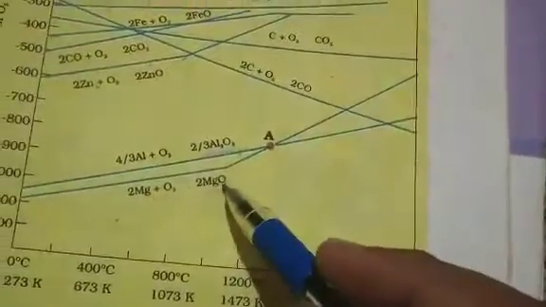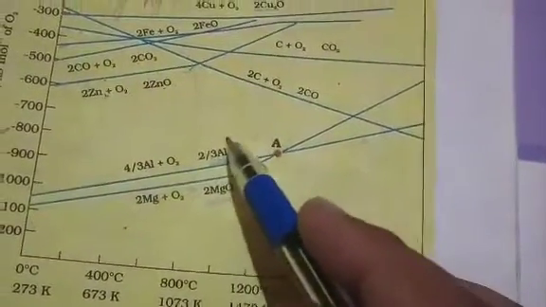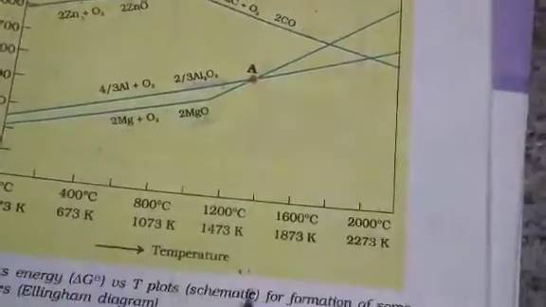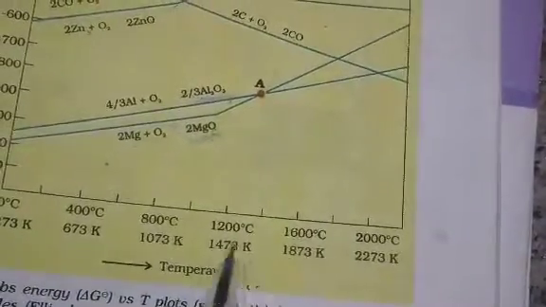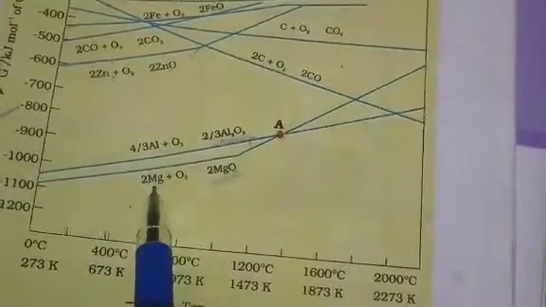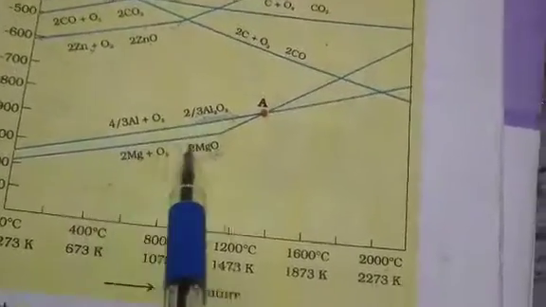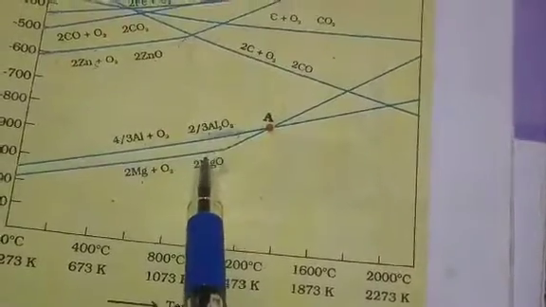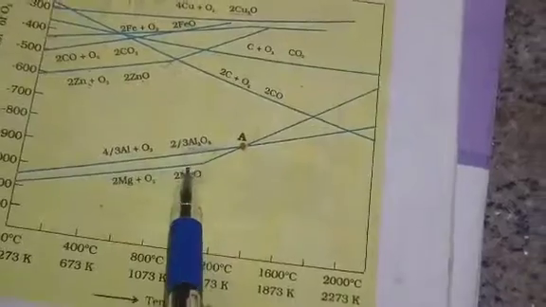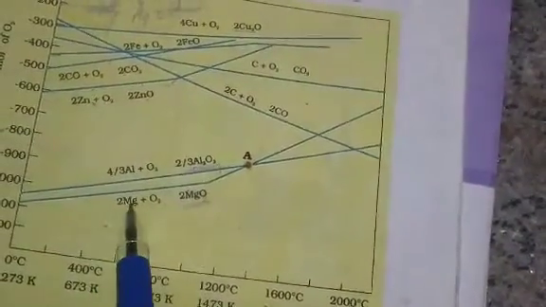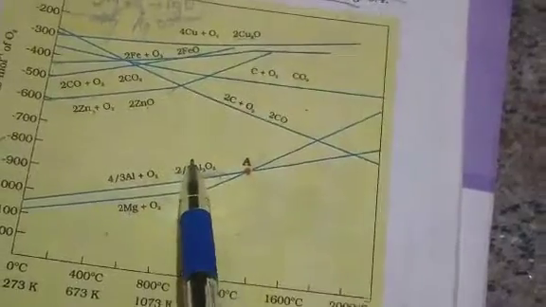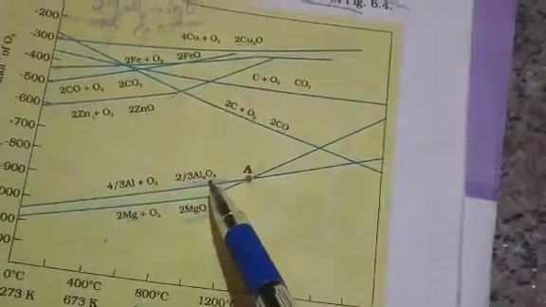So here I can reduce Al2O3 to Al using magnesium only below the temperature of 1473, because whatever reducing agent I am choosing, the respective metal oxide curve is lying below. Such a metal can be used to reduce the metal oxide which is placed above it.